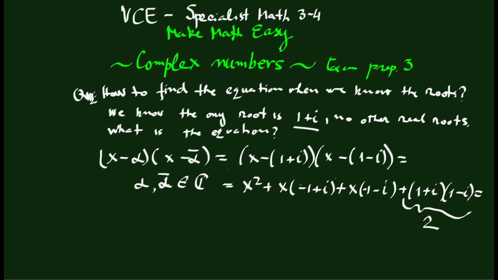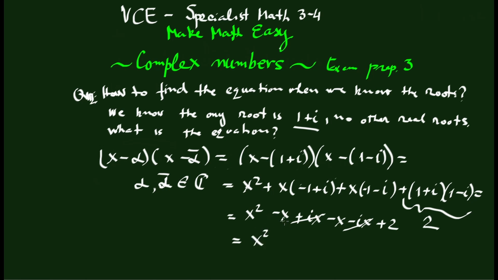So here we have x squared minus x plus ix minus x minus ix plus 2, plus ix and minus ix cancel.